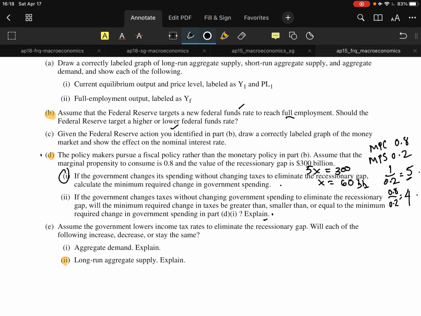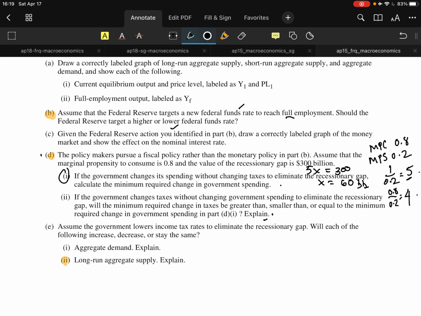So this is the MPC and the MPS. The portion we save means that we will not spend the full amount, which means it will take more time to get the full cumulative effect. The tax multiplier will always be smaller than the spending multiplier because it needs to go through the consumption function first.